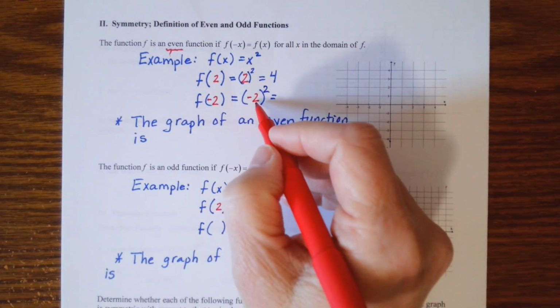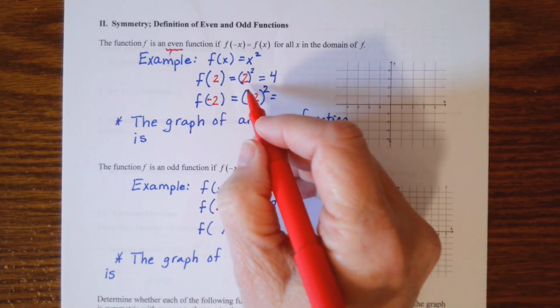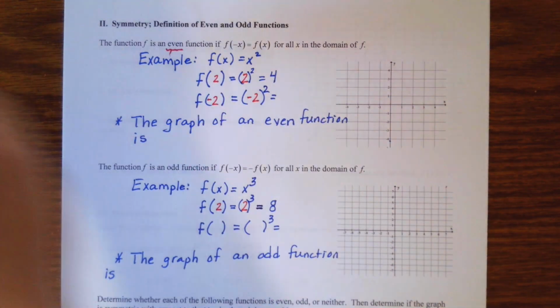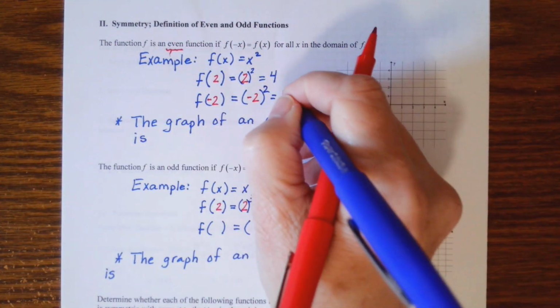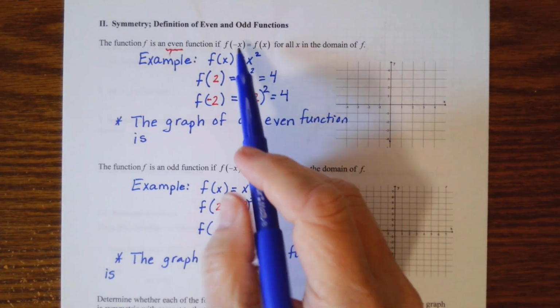So negative 2 times negative 2. Notice I put this in parentheses because if you're using a calculator, you need to make sure of that: negative 2 times negative 2 is 4. If you just put in negative 2 without the parentheses, your calculator is going to say it's negative 4.